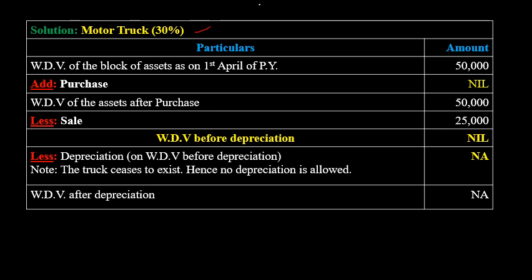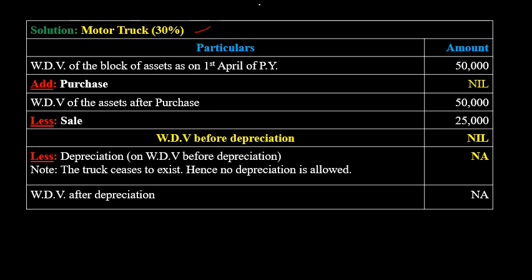If there is only one vehicle with the SSC in the beginning of the previous year, and if it was sold in the previous year, then there will not be any calculation of depreciation.